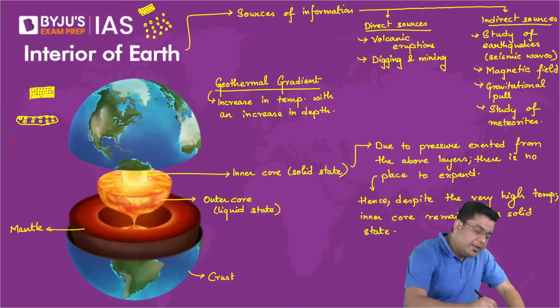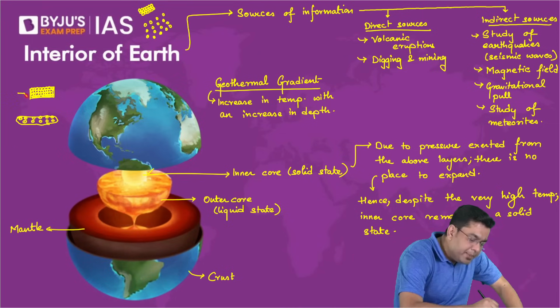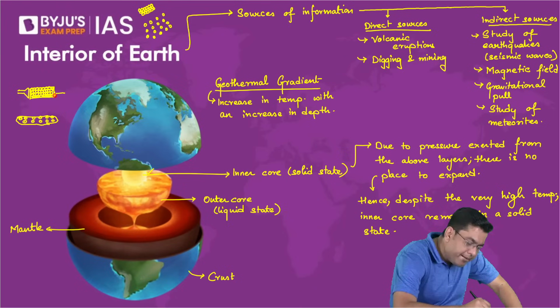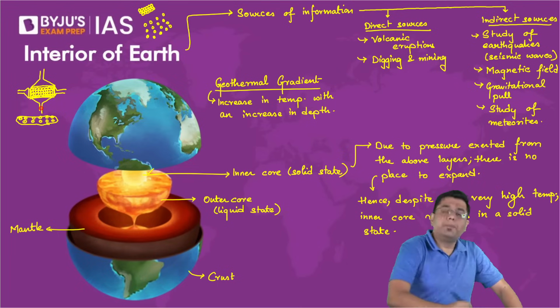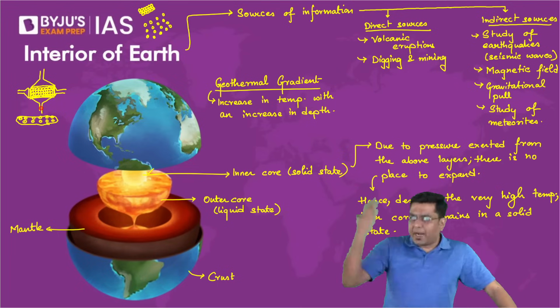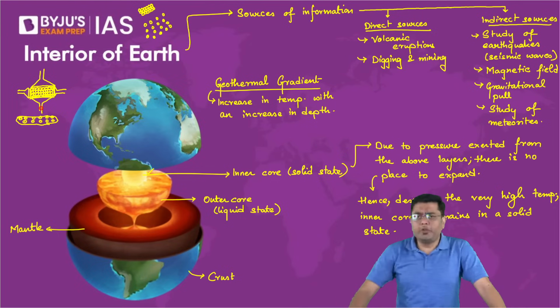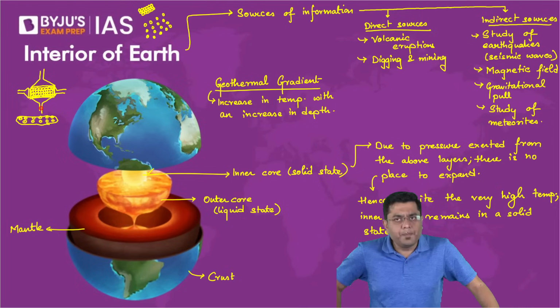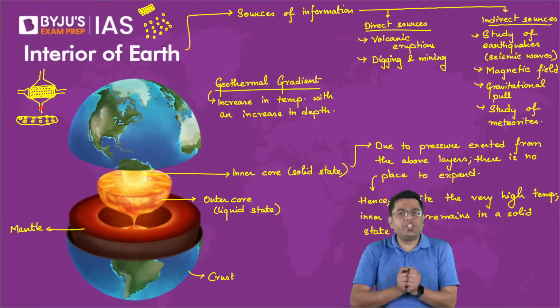But what if this solid is heated but is not allowed to expand at all? Let's say we have a condition where we are heating this solid, but from all sides we have put a pressure valve which does not allow it to expand at all. So, in that case, regardless of the temperature it reaches, the molecules won't be able to free themselves at all. The molecules will be stuck to each other.